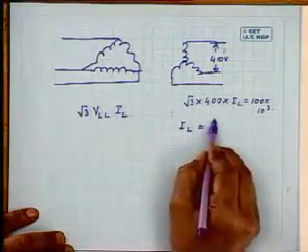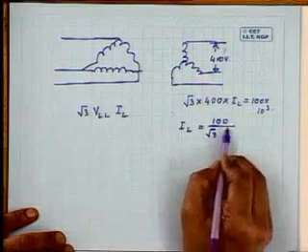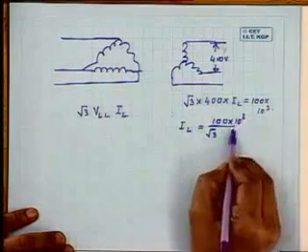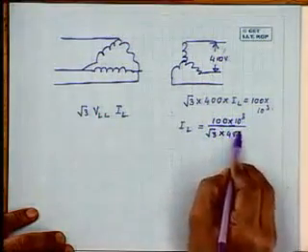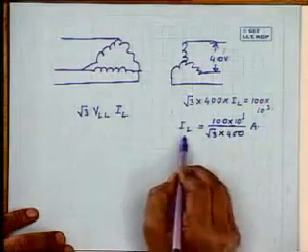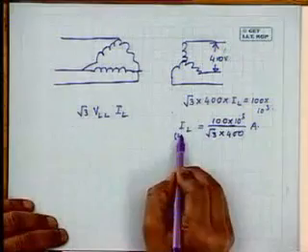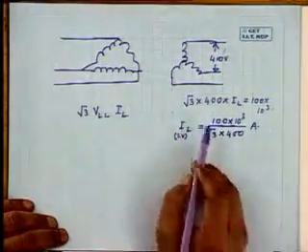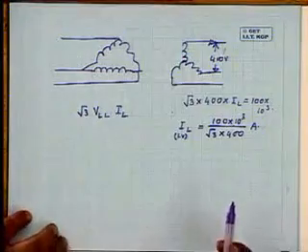So from this you can calculate what will be the current, root 3 into 400. So much ampere is the LV side line current, ILV. That is this current you will be getting.